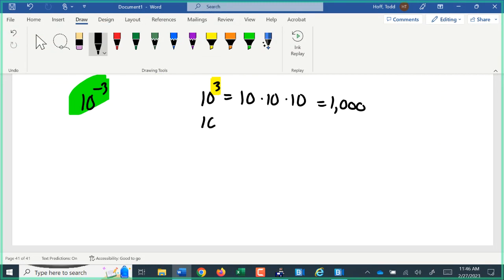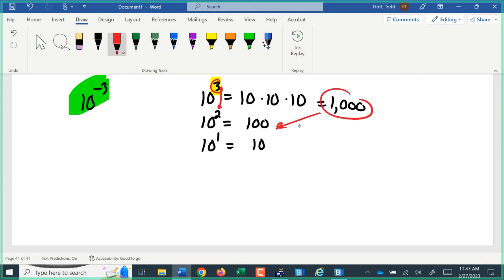So 10 to the third, let's go down to 10 to the second. Well, that'd be 10 times 10, or 100. 10 to the first would just be 10. And we see what's happening here is every time we reduce this power by 1, our result here is divided by 10. So this brings us to one important result here, 10 to the 0.